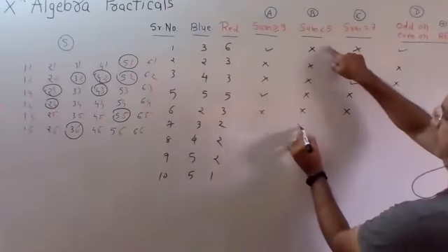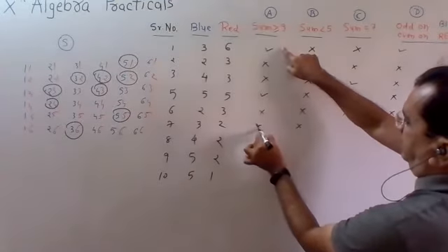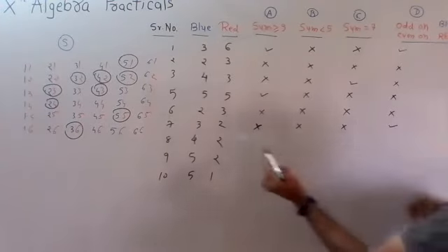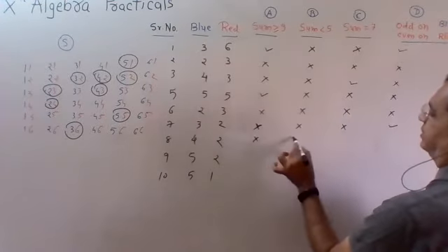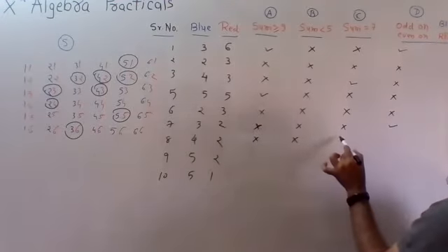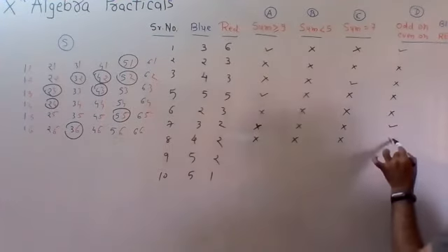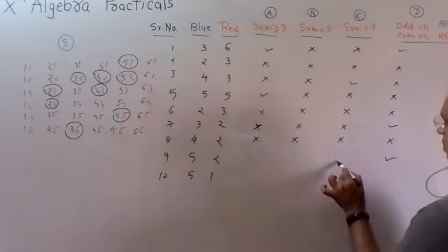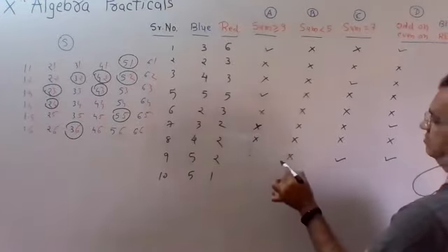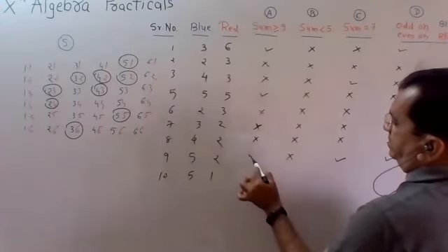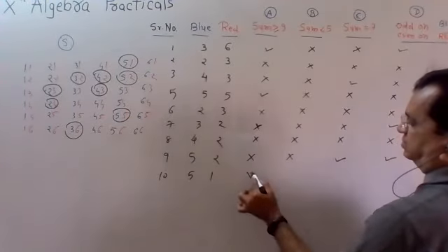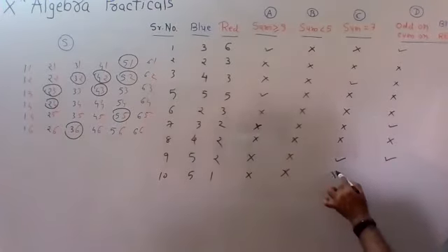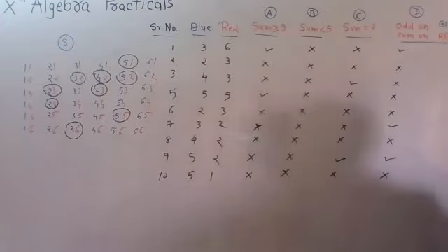So it is not less than 5, not greater than 9, not 7. First is odd, second is even, yes. 4 plus 2 is 6. Not greater than 9, not less than 5, not 7. Odd and even, no. Then 5 plus 2 is 7. Less than 7, no. Greater than 9, no. 5 plus 1 is 6. Not greater than 9, not less than 5, not 7. Odd and even, no.